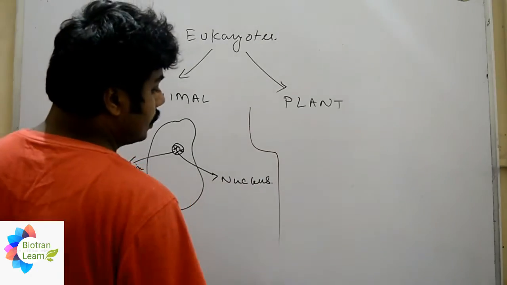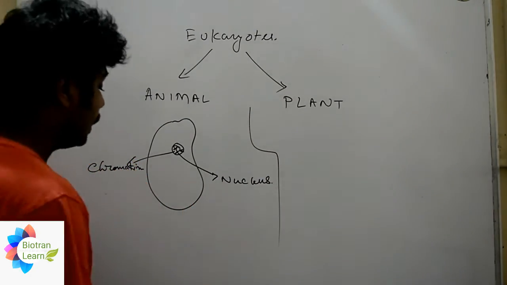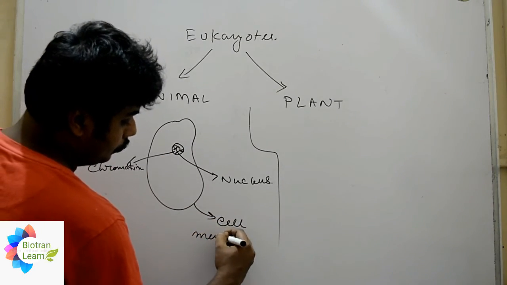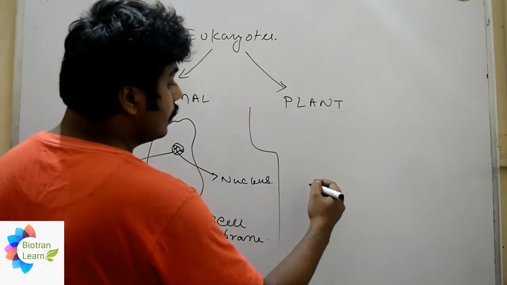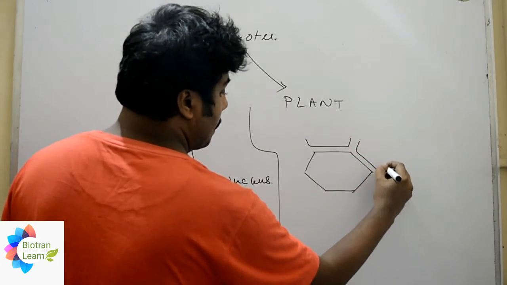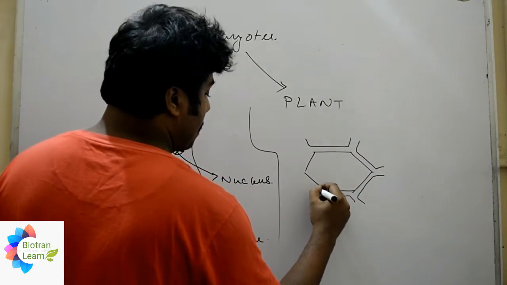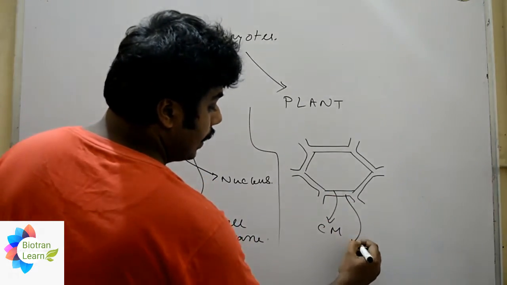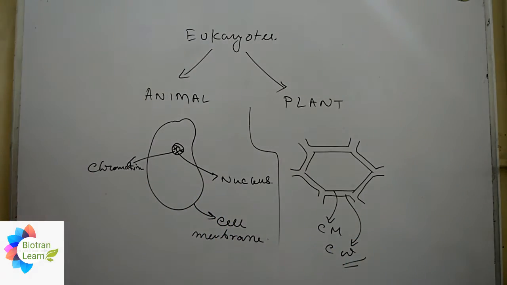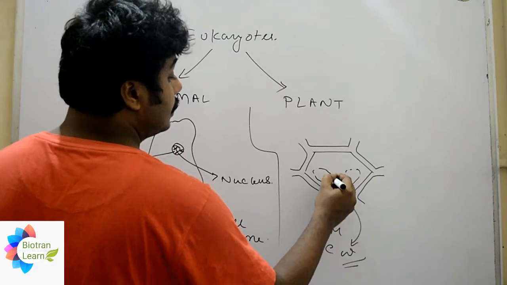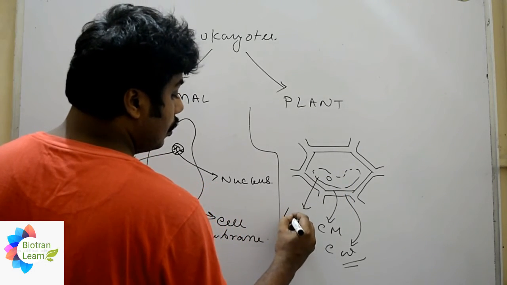In an animal cell there will be a cell membrane, but in plant cells we will have both the cell membrane and the cell wall. In this section, we can see that plant cells will have a larger vacuole.